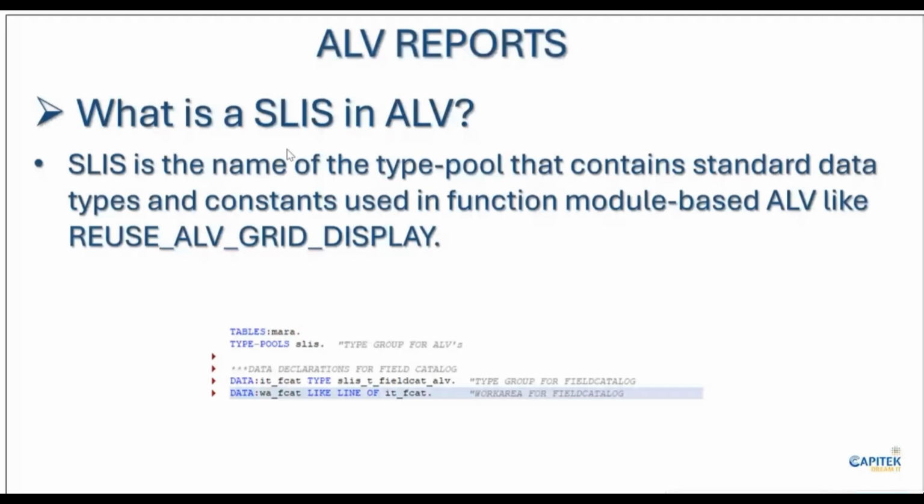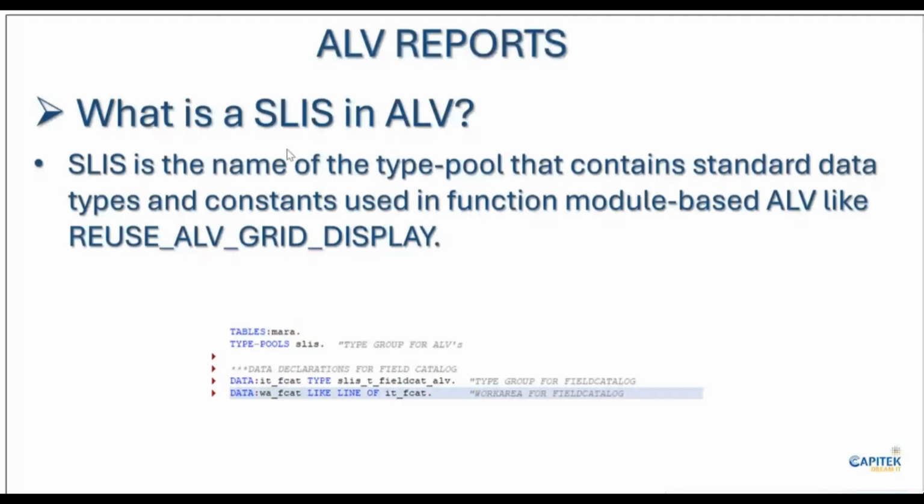What does the top include contain? It contains all the global declarations, like the types, constants, internal tables, and some global variables. All the variables which we are going to use in our program are declared globally, and the content of that include we are using in our program.